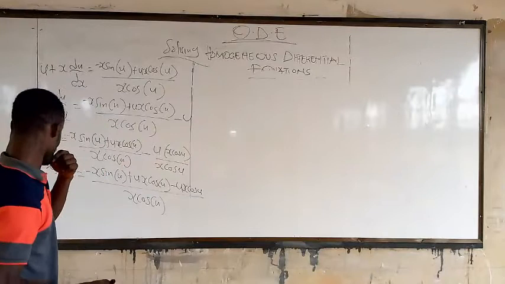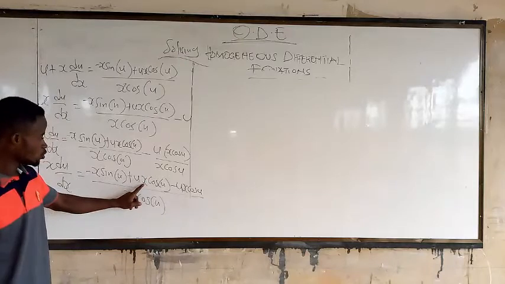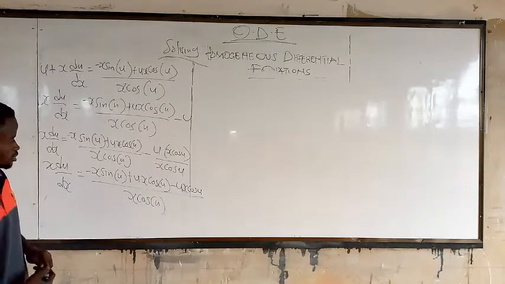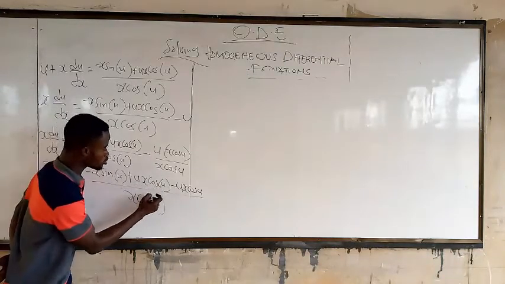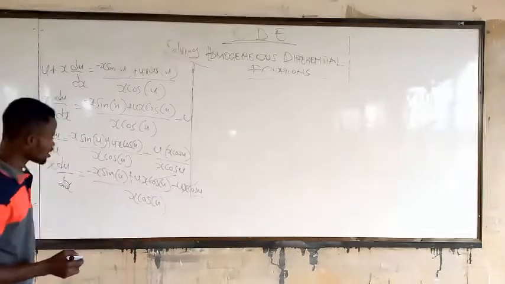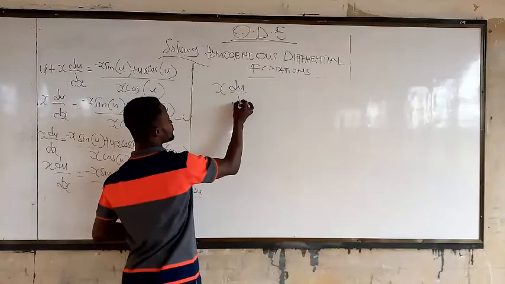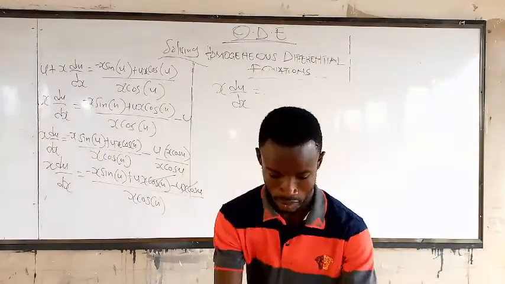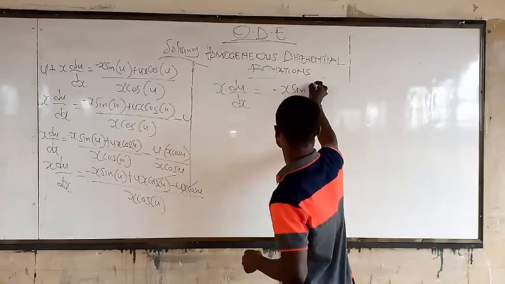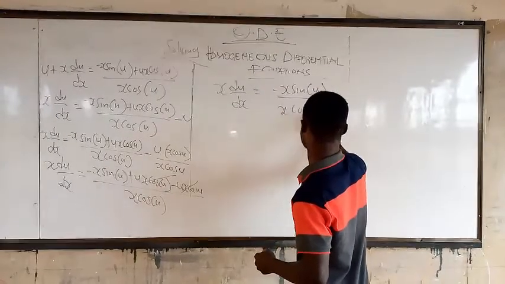So here we continue. Now let's see something. We have ux cos u, ux cos u. Oh, very nice. You can see ux cos u, and negative x sin u. Then this can cancel this out. So we are just going to get x du/dx to be equal to negative x sin u, all this over x cos u.